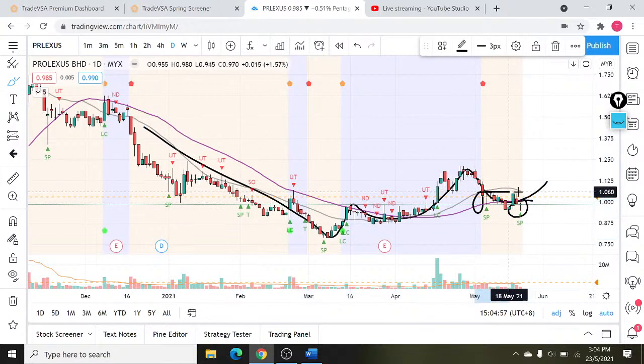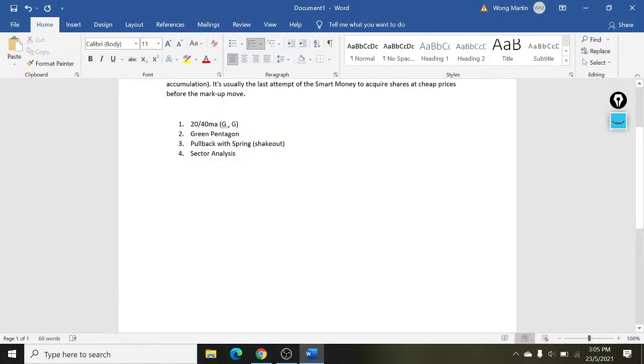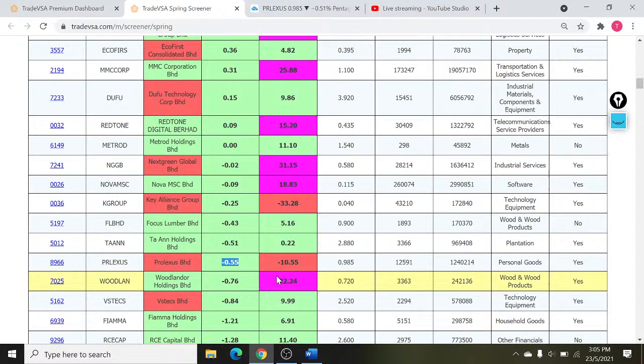Hopefully we get a very strong confirmation on 2 springs. Of course, increasing volume will help too. I think Prolexus is okay, but like I say, it doesn't mean it's a stock that you can enter immediately. I'm looking for a nicer confirmation before I decide whether I want to enter or not.